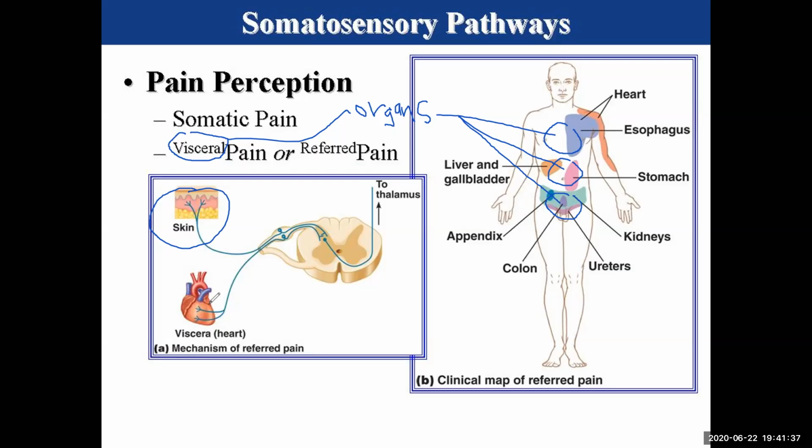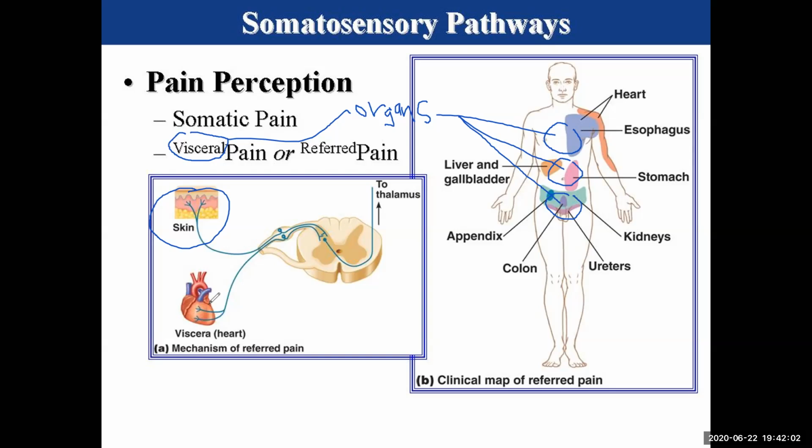So that's why we fail to locate with accuracy where the discomfort comes from when any visceral organ has a problem. If you have a discomfort in your abdominal area, you would be hard pressed to tell your physician exactly where the information comes from.